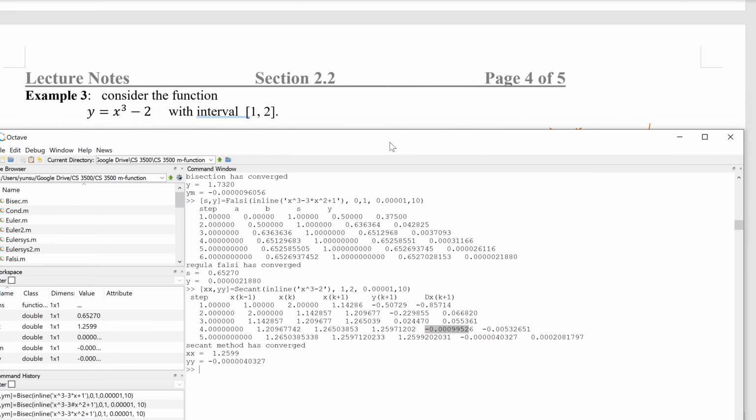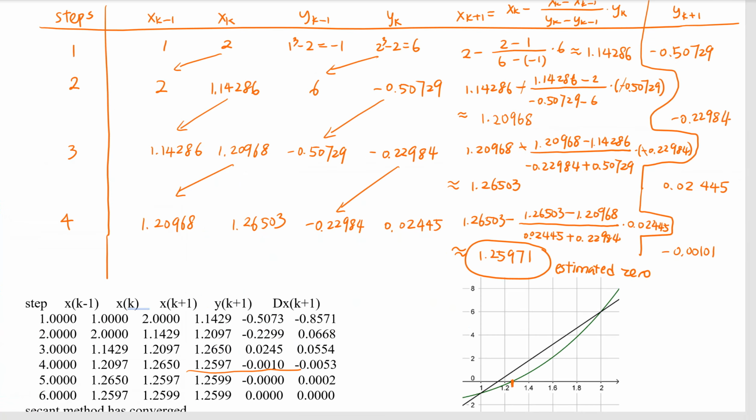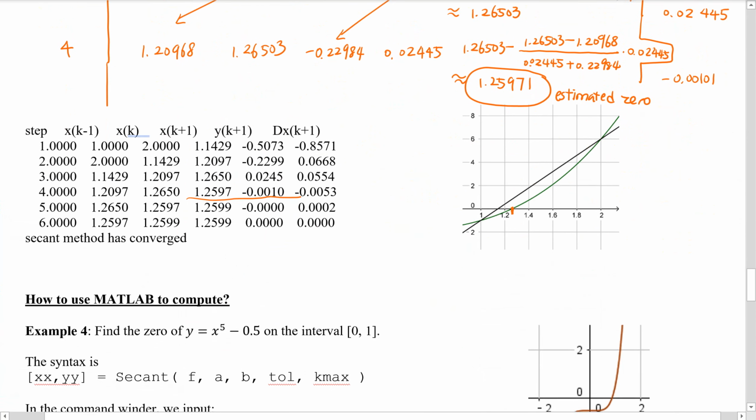Maybe it used more digits, so the YK is a little bit different. Oh, because it has more digits, and throughout our calculation, we only use 5 decimal places. So far, so good, everybody.